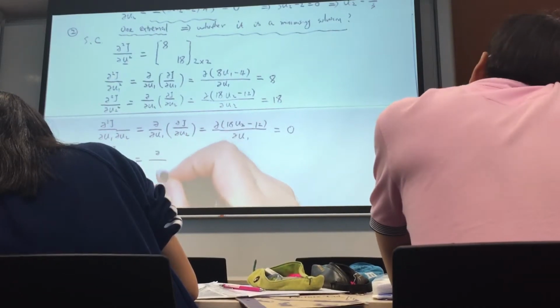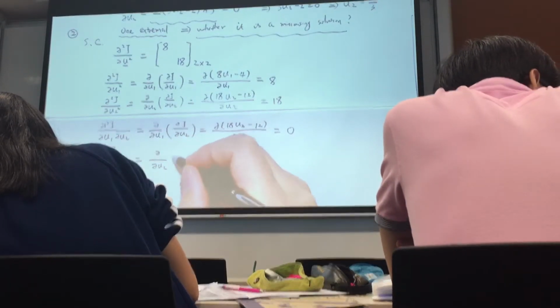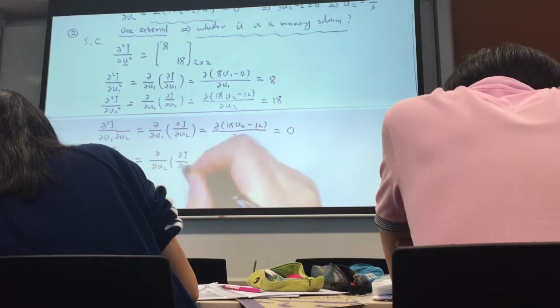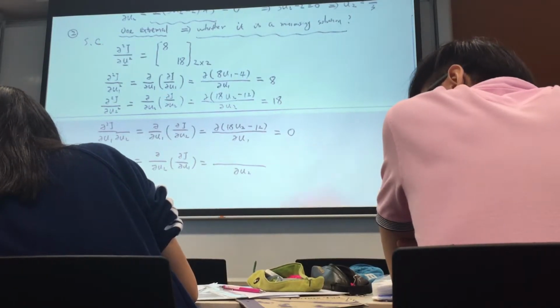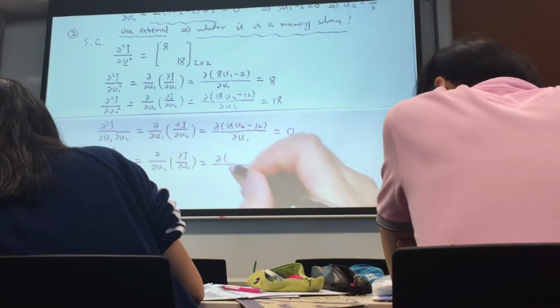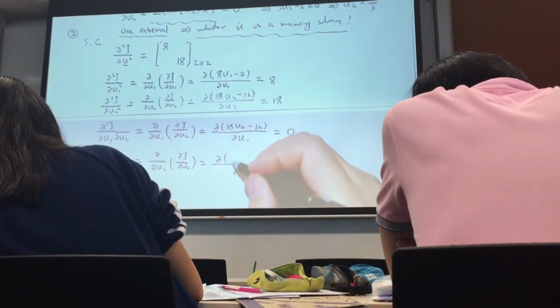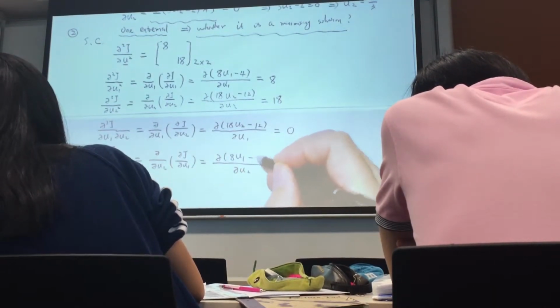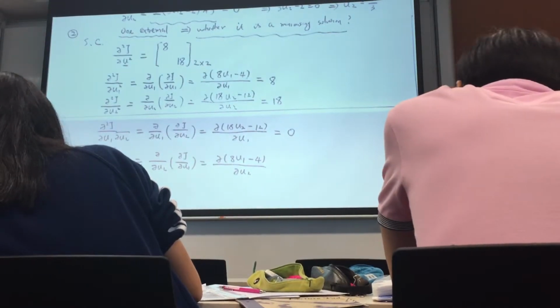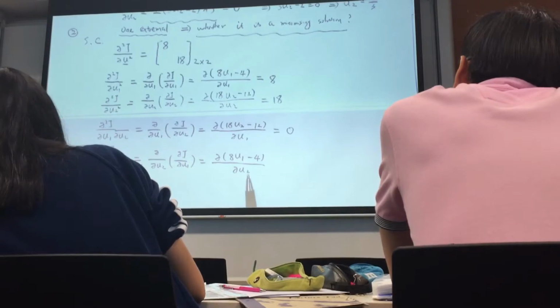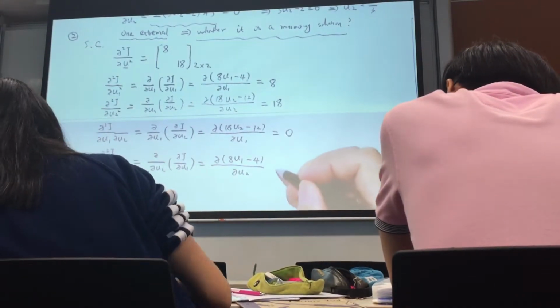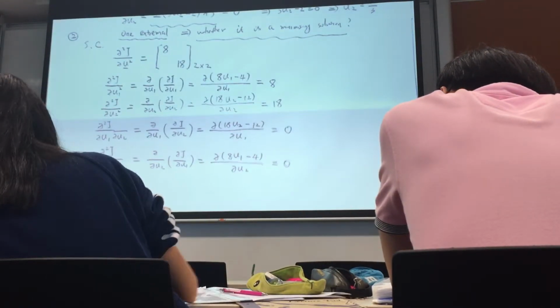This equals du2 of dJ du1. dJ du1 is given by 8 u1 minus 4. We know all these are constants in terms of u2, so you got a 0.